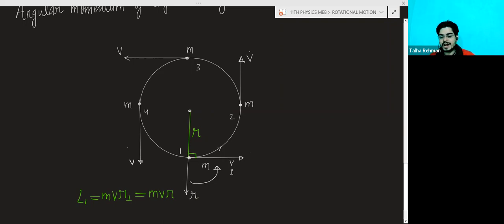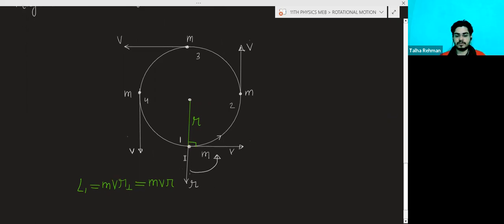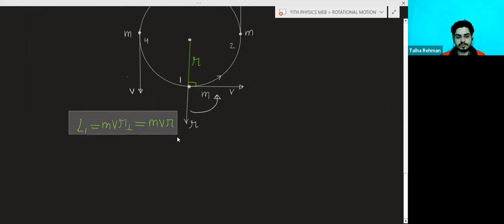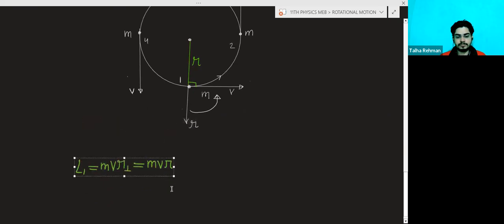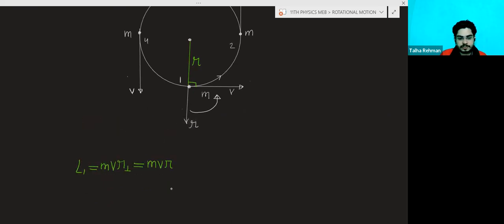And I told you anti-clockwise direction is the outward direction. So the angular momentum will be outward due to this. When the particle is at position 1, the angular momentum is m v r and it is outward.